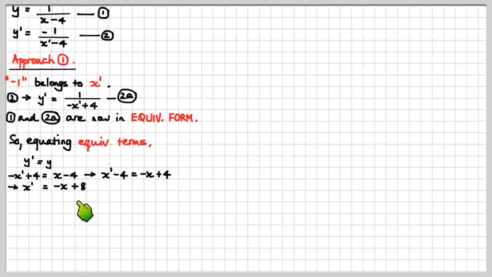That's telling me, guys, I can read that straight off. To get from x to x dashed, which is what I'm supposed to do, read off the transformations in the backwards technique, I've got to multiply the x by minus 1, which means reflecting about the y-axis, and then I'm going to have to add 8, which means I'm going to have to translate in the positive x direction by 8 units, or 8 units to the right.